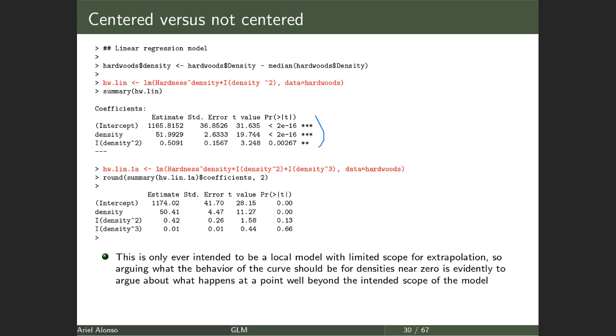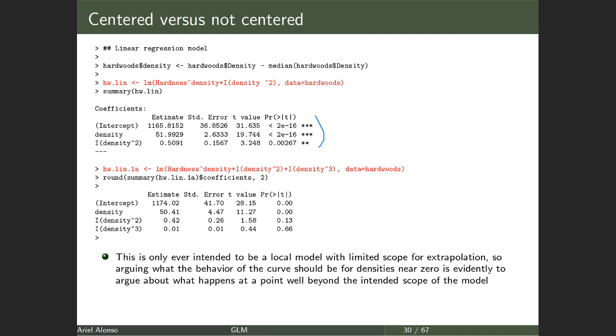We do not have any value close to zero in the data. It's very difficult to say that this curve certainly will pass through zero, but maybe it's not even a quadratic polynomial. Maybe it's a much more complicated general function, and we are just approximating it using this quadratic polynomial because within the range of the data, this seems to be a good approximation.